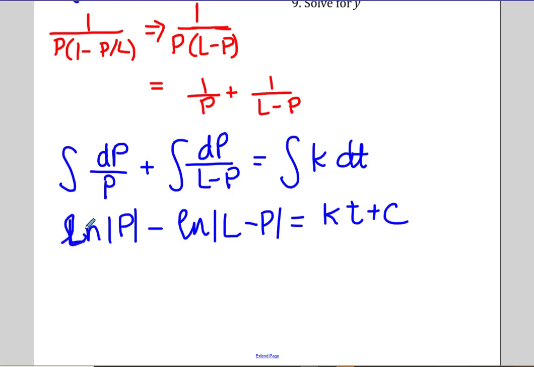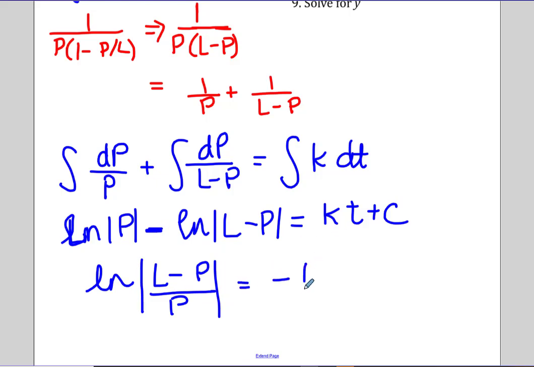So we got natural log of P and natural log of L minus P times the derivative of P, -1, and then KT plus C. So using properties of natural log here, we have natural log of L minus P divided by P, and I'm going to put that negative on the other side to be negative KT minus C.